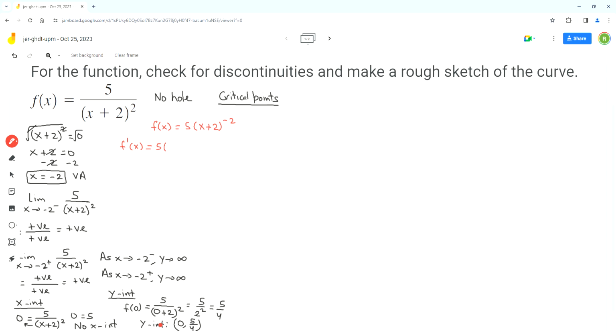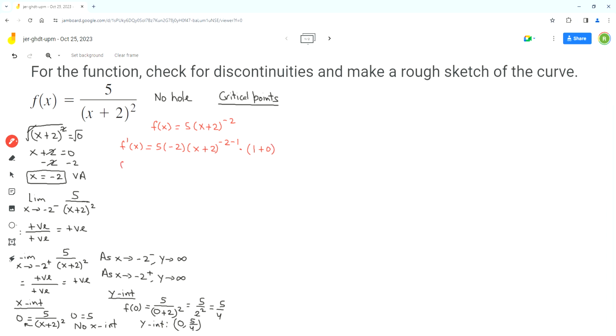We'll use the power rule, so the -2 exponent will move to the front, and we'll subtract 1 from -2, times the derivative of the inner function x + 2, so the derivative will be 1 + 0.